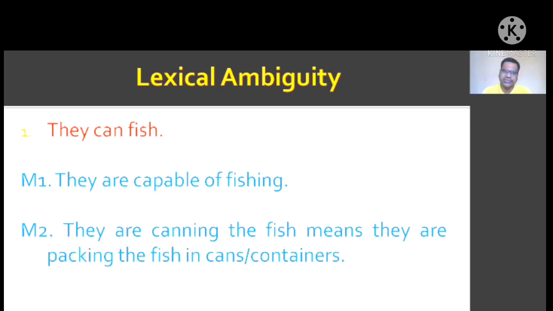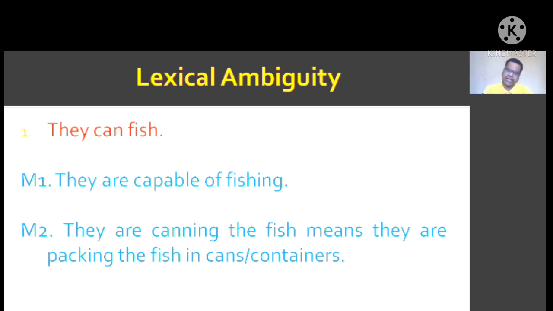It's a simple sentence. They can fish. They is a third person plural functioning as subject. Can fish is a verb phrase. Can is a modal auxiliary. To fish, fishing, is a verb.